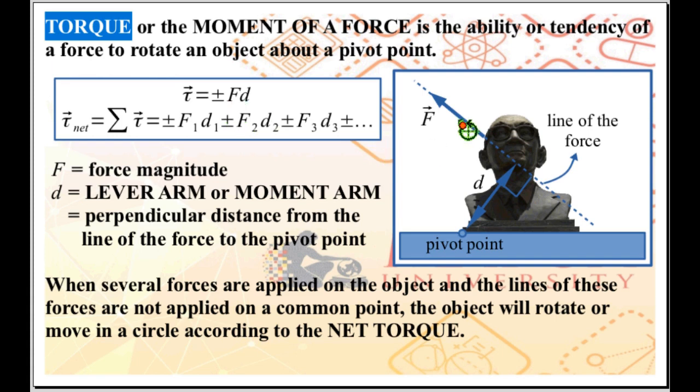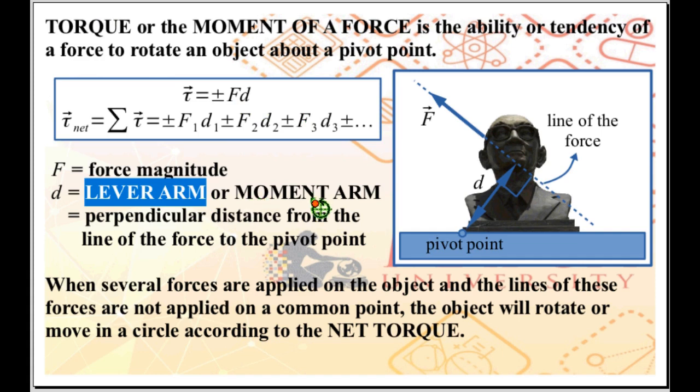F is the magnitude of the force we applied on the object, and d is referred to as the lever arm or moment arm of force F. d, the lever arm, is the distance from the pivot point to the line of the force.